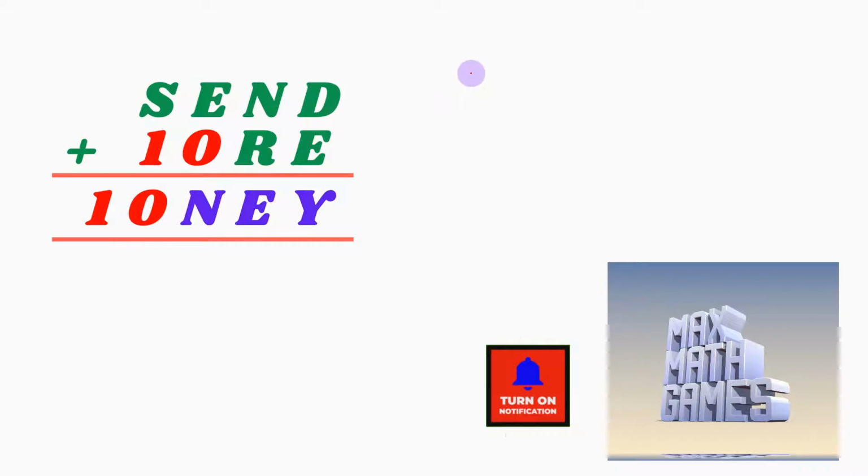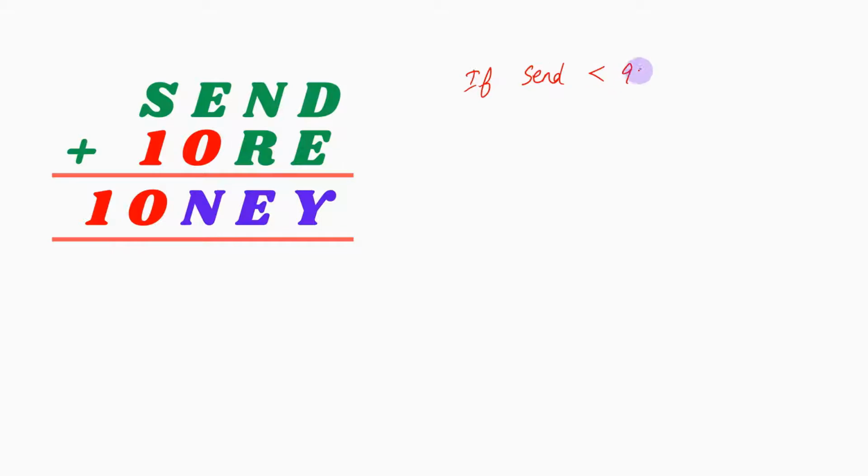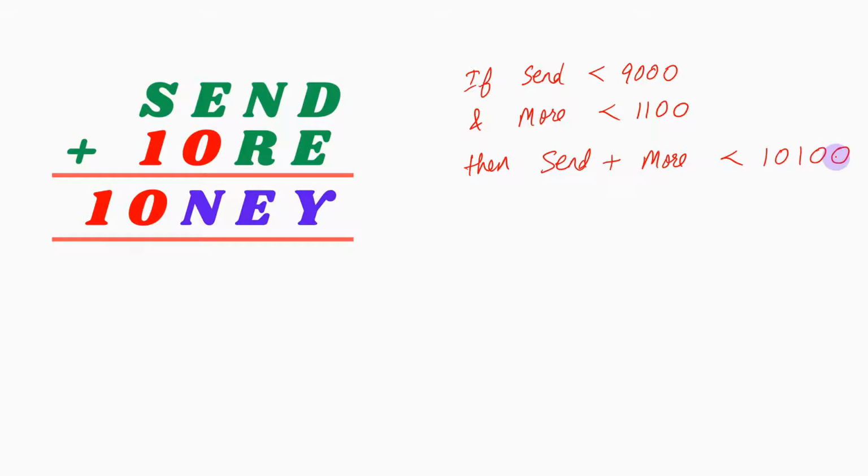Now again we can observe that if SEND is less than 9000, and MORE is less than 1100, then SEND plus MORE is less than 10100, implying that this alphabet N has to be either 0 or 1.